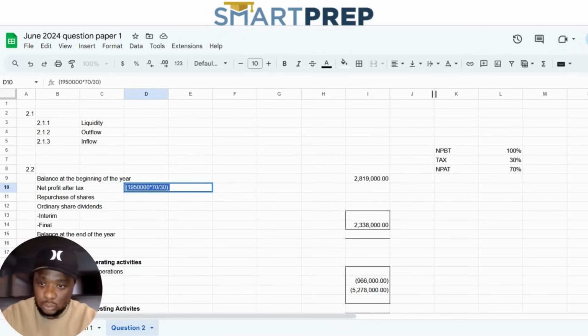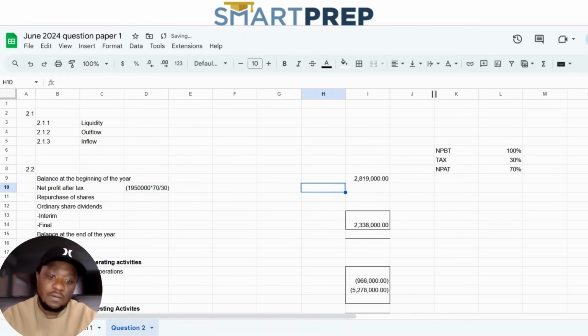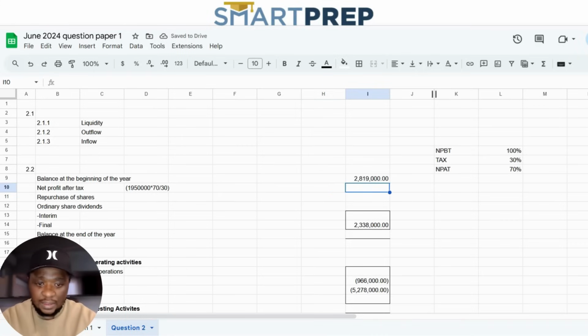That would be our calculation for the net profit after tax, and that works out to 4,550,000. Okay, cool. Let's move on.